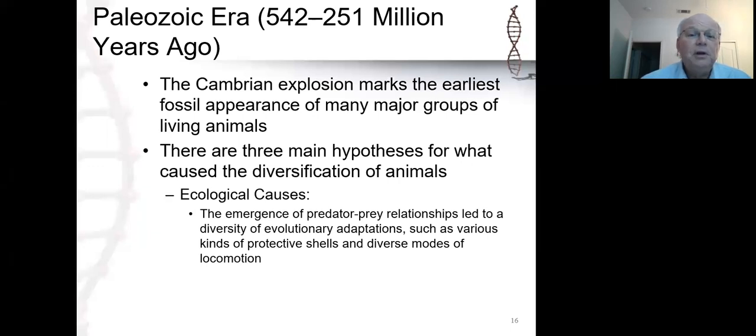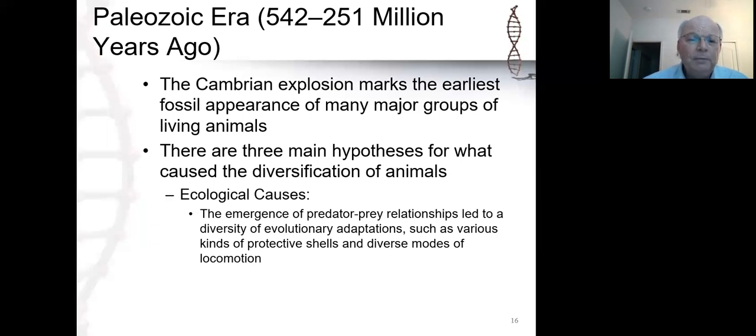So the first one is what is called an ecological hypothesis. And this is simply that there was an emergence of a predator-prey relationship. If you take a look at the organisms that are present in the Ediacaran, a way of describing them is soft and squishy and easy to eat.